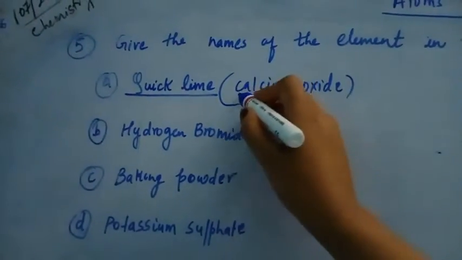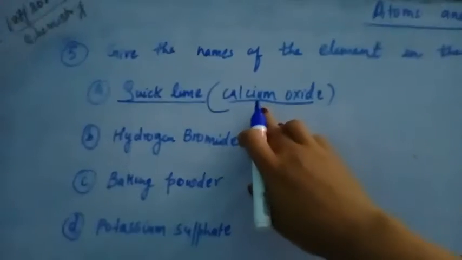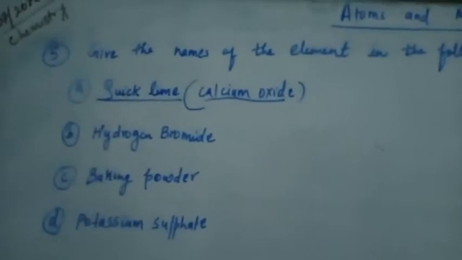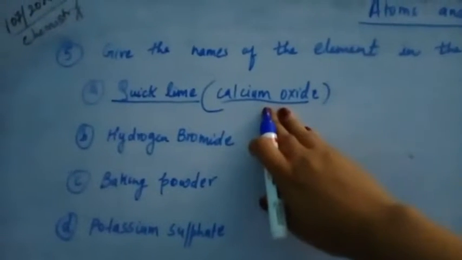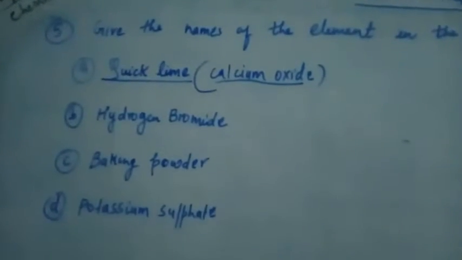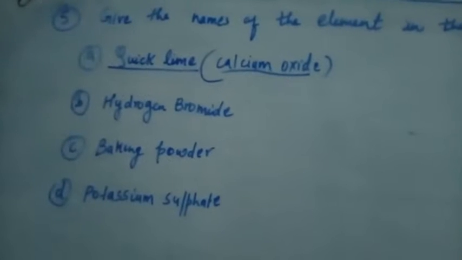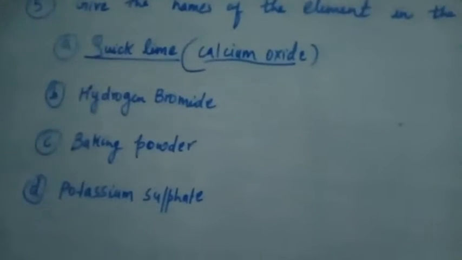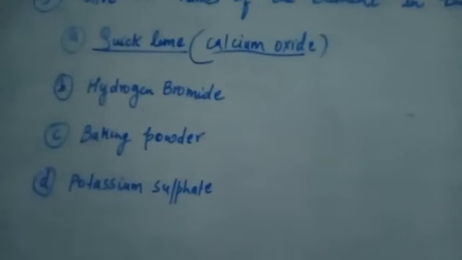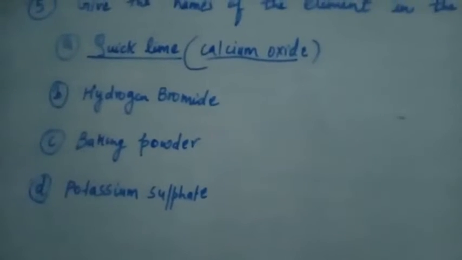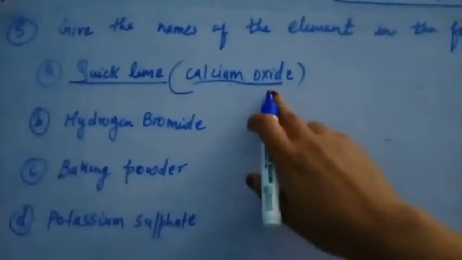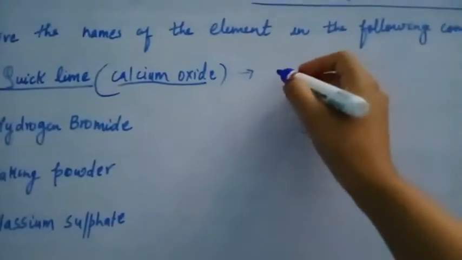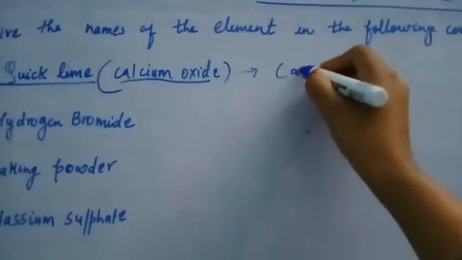So it is easy if you write the chemical formula of the compound, then you can predict the elements by just seeing the formula. The chemical formula of calcium oxide is CaO.